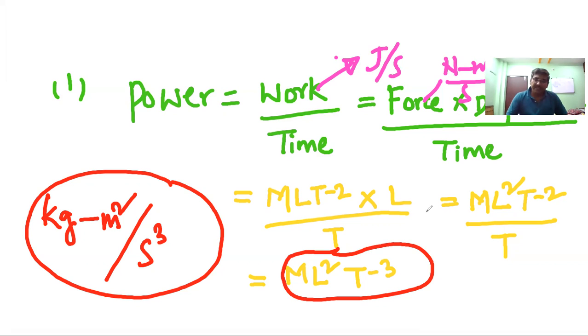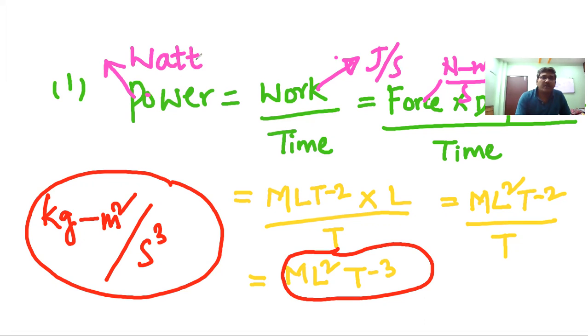By observing these three things, power can be kg meter square per second cube, and another unit is joule per second, and another one is Newton meter per second. Observe here, the standard unit of the power we are going to express is the watt.